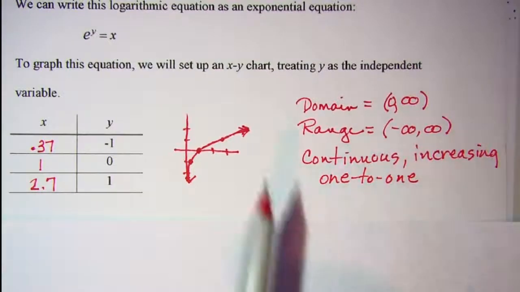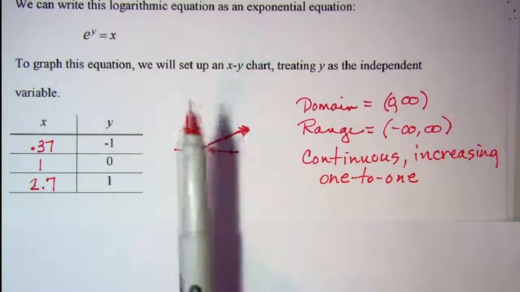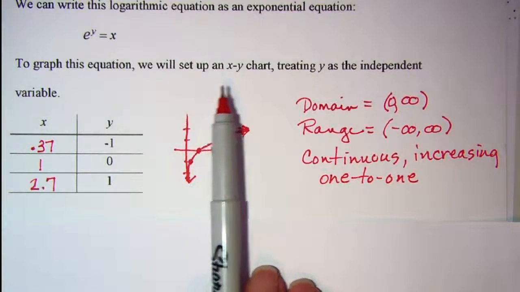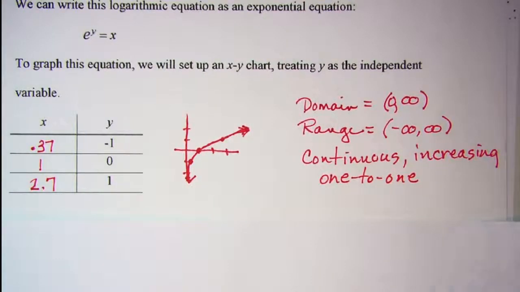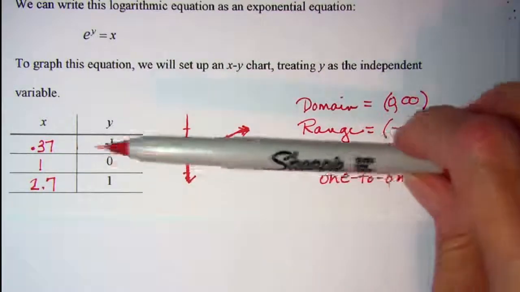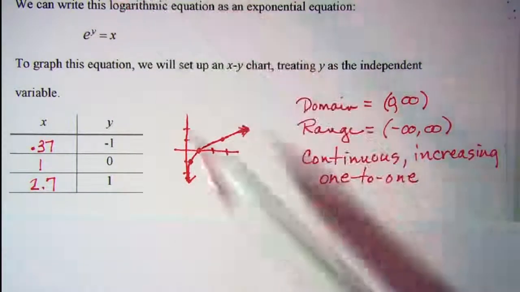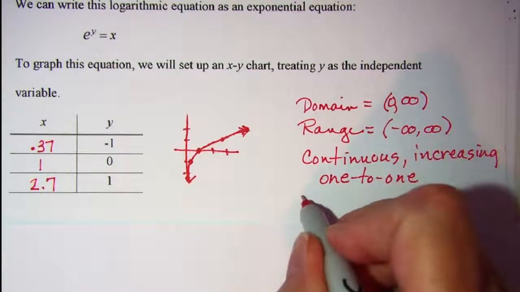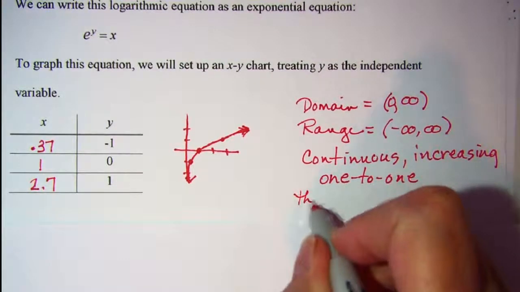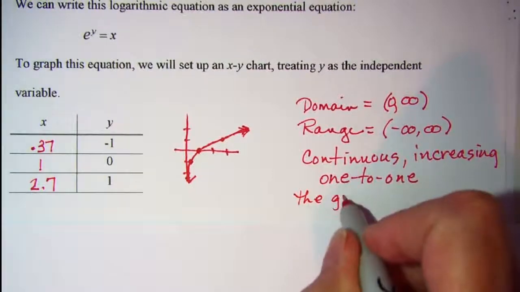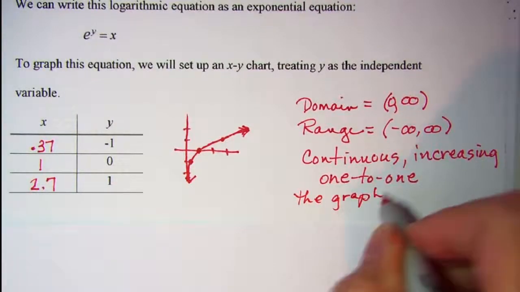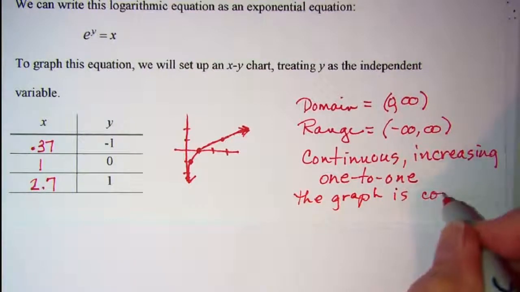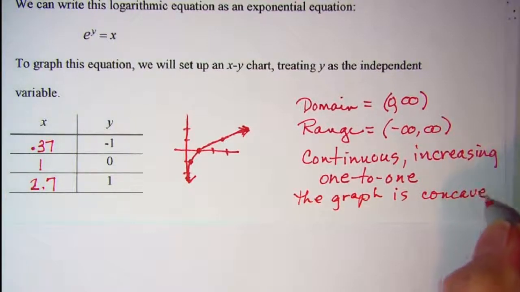Remember that the way we decide if it's 1-to-1 is we check to make sure that it is a function with the vertical line test, and then we check to see if it's 1-to-1 with the horizontal line test. So it is 1-to-1. And also the graph is concave down. If that is ever needed, you'll know that the graph is concave down.